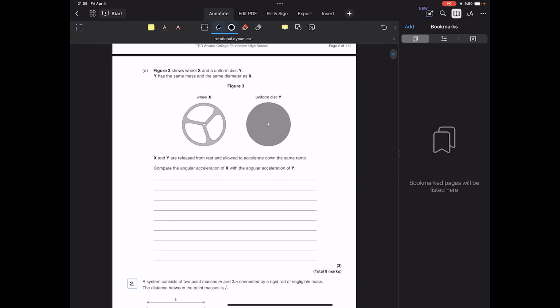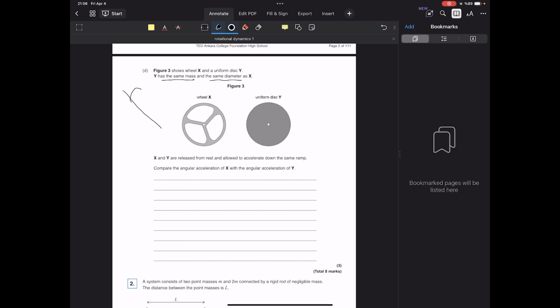So here, you have 2 disks, X and Y, and they're allowed to accelerate down a ramp, and we need to compare their angular accelerations. The important point here is that they have the same mass and the same diameter. Now, if you put these along a ramp, you have to think about what actually rotates them.